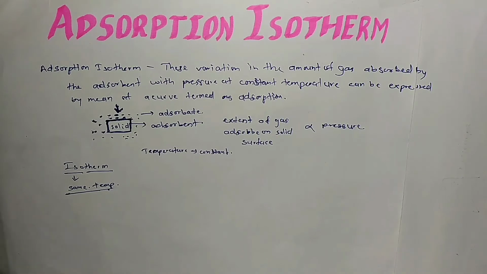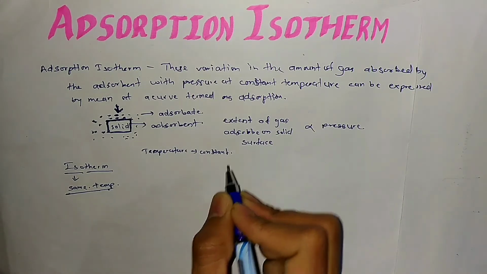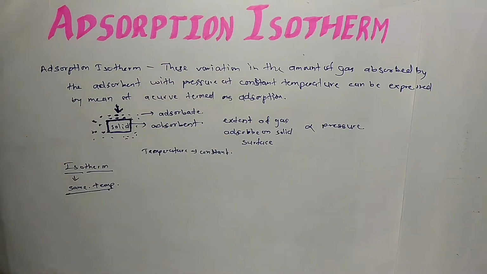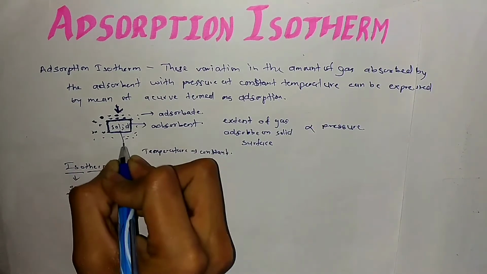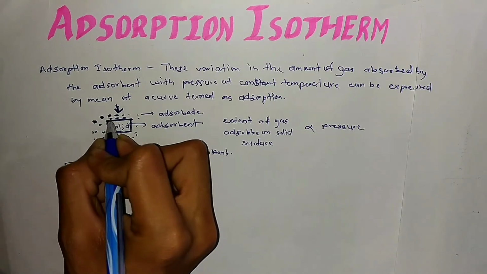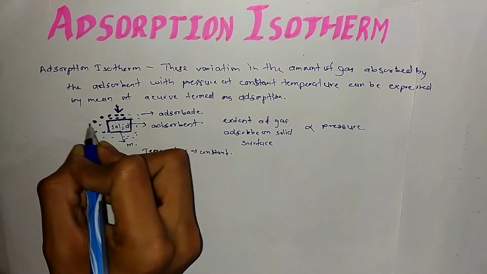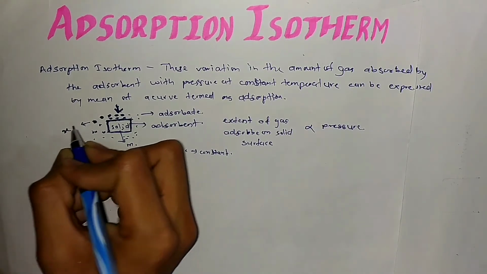We will understand better with the help of a graph. But first we see these gas molecules on a solid of mass m, and how many gas molecules are adsorbed on the solid is the value x.